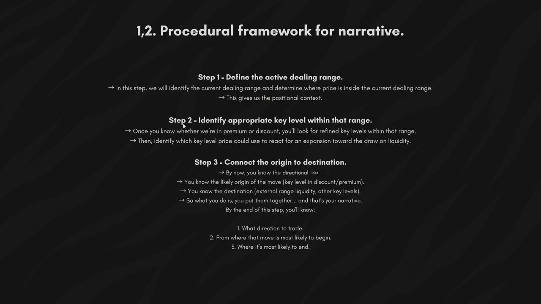Then the second step is we identify appropriate key levels within that dealing range. Okay, once we've identified a relevant dealing range, we then identify appropriate key levels within it. We also identify which key level price could use to react, or as a catalyst for an expansion move towards the drawn liquidity.